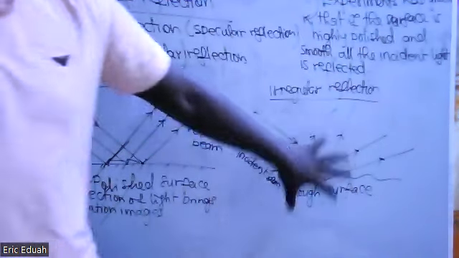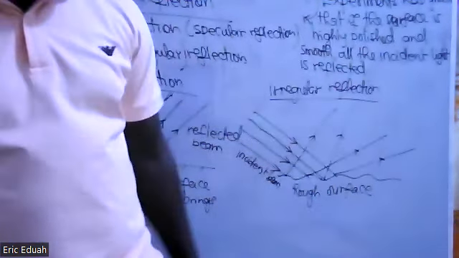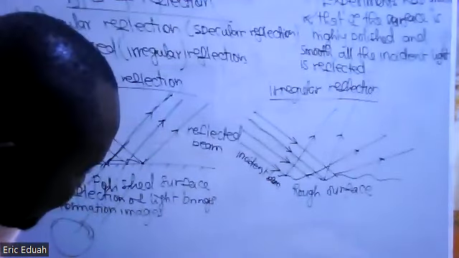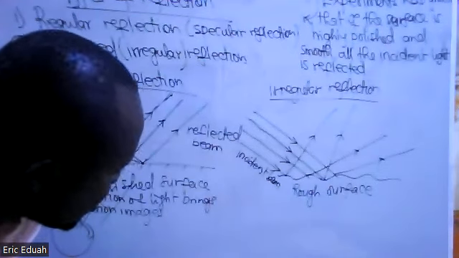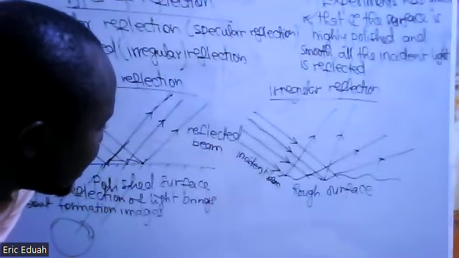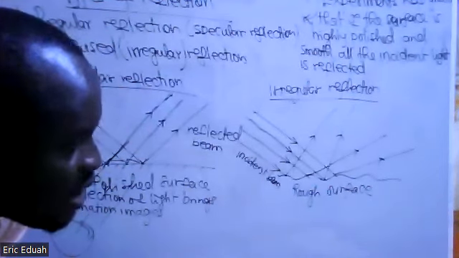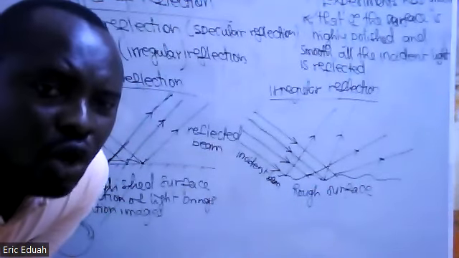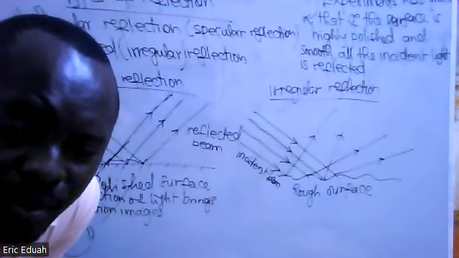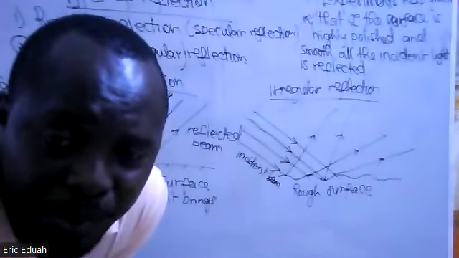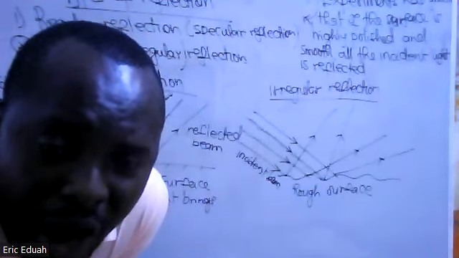The disadvantage of this kind of reflection is that no image formation can occur. For formation of images, we need two or more rays to intersect at a point or appear to intersect.